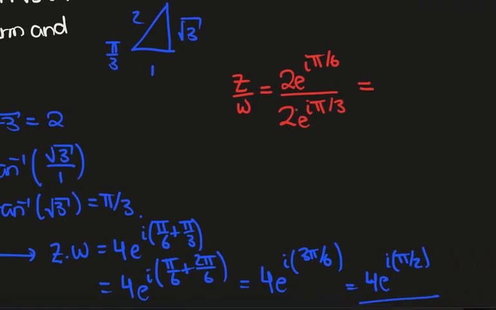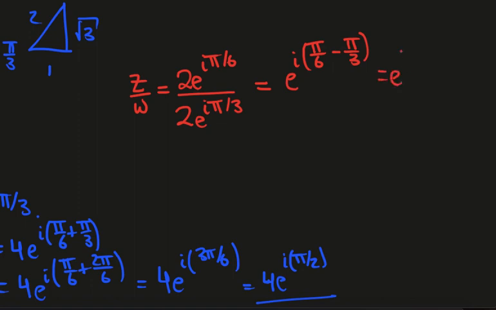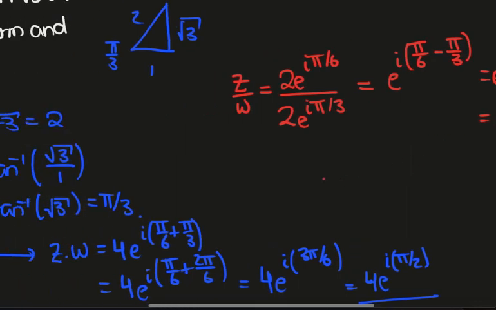The modulus of each will divide, so 2 divided by 2 is 1, and the arguments will subtract. So you get pi on 6 minus pi on 3, which is e to the i pi on 6 minus 2 pi on 6, and this is just e to the minus i pi on 6.